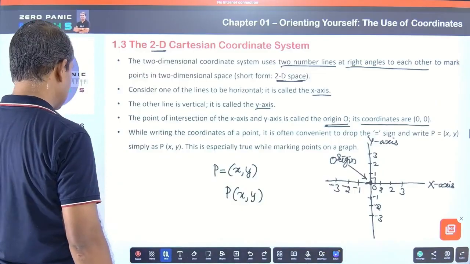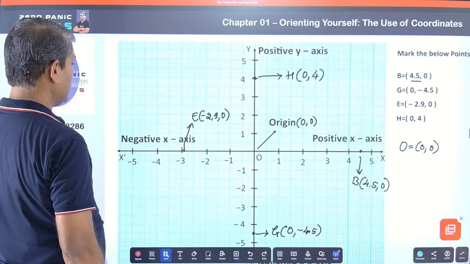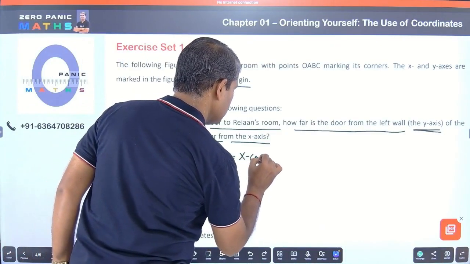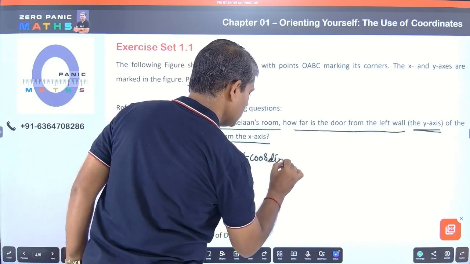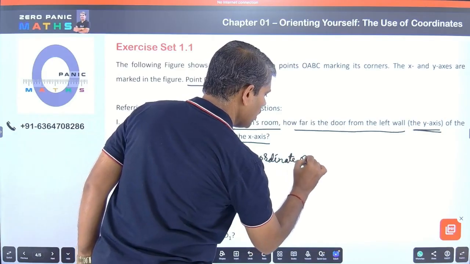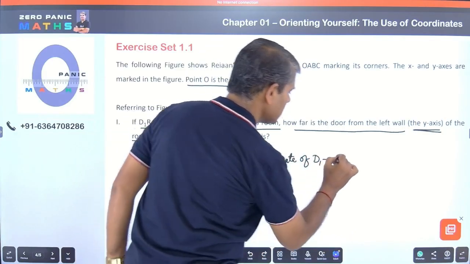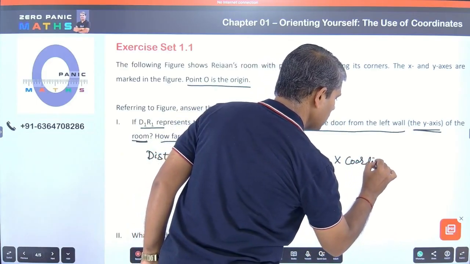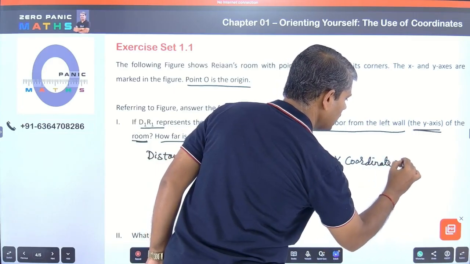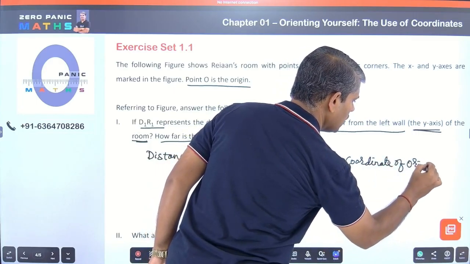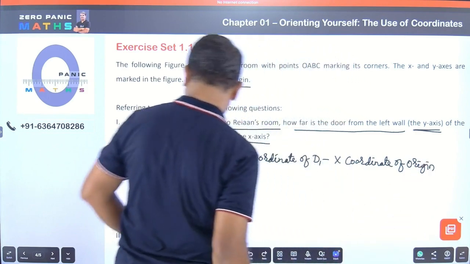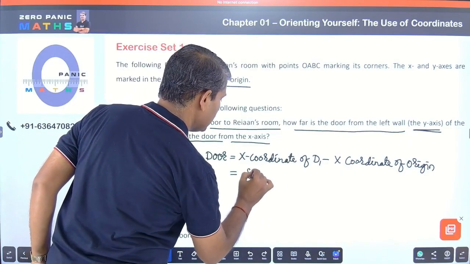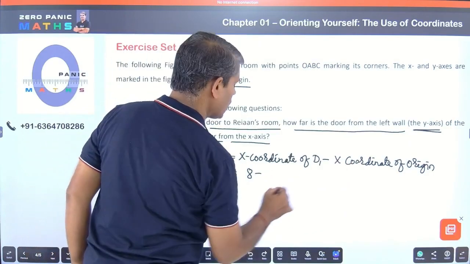I can say that, right? Now, what is the x coordinate of d1? As we have already seen, it is 8. And what is the x coordinate of the origin?